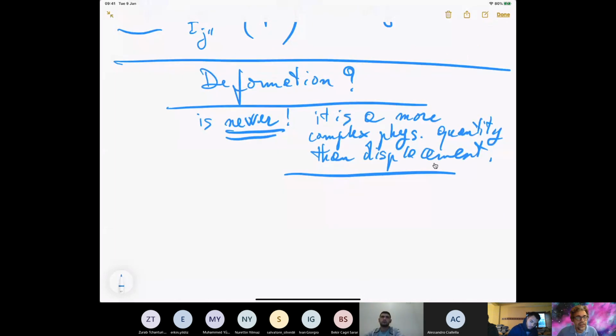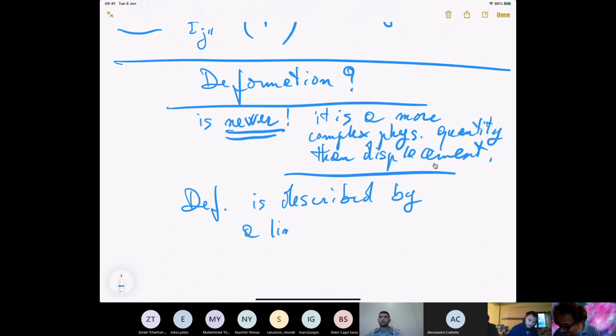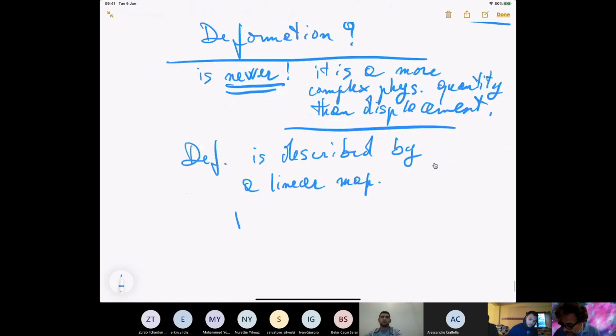Why? Because deformation is described by a linear map, F transpose F, of a vector space into itself.